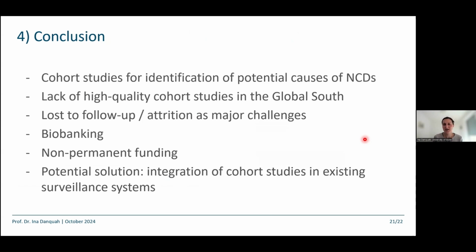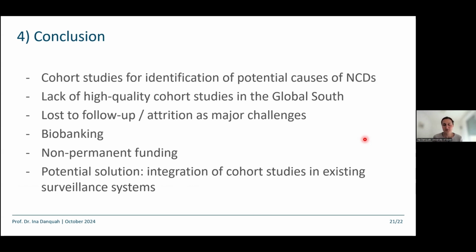At the same time, we have seen in the different systematic reviews that there is still a lack of high-quality cohort studies. Either they have only short duration, they don't have biobanking, or they have quite high attrition rates. And this still is the major challenge for establishing and maintaining cohort studies in the Global South: loss to follow-up as well as attrition.